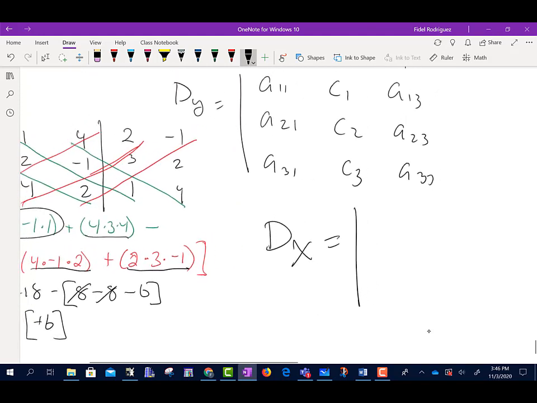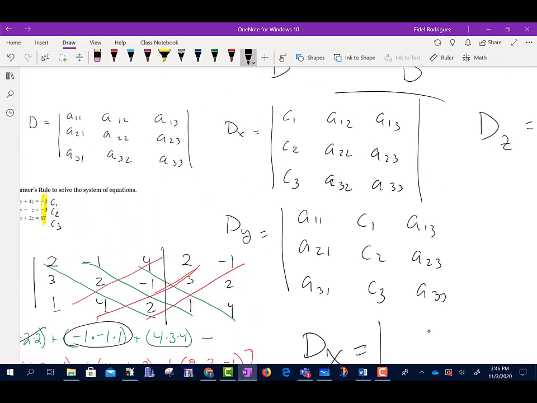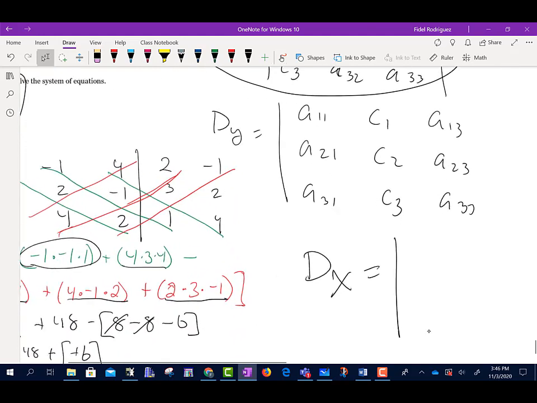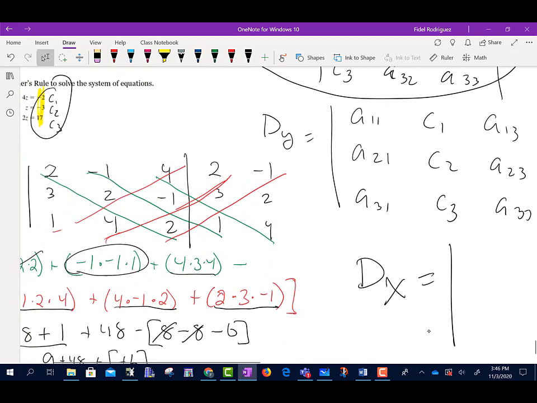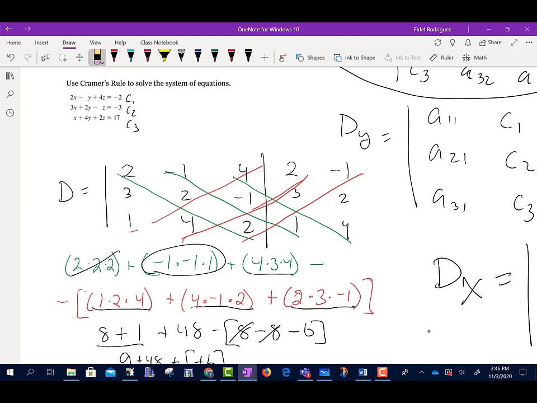Okay. So dx says right here, here's my formula for dx. I'm going to take those numbers. Those are going to be the ones I'm going to write in my first column. So it's -2, -3, and 17.